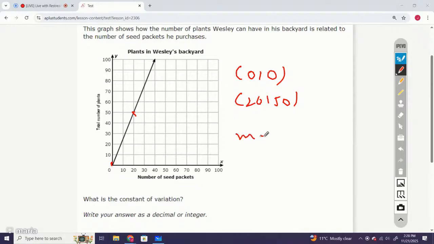So let's just calculate the slope, that is change in y, 50 minus 0 is 50, and change in x, that is 20. So we have 5 divided by 2 and that equals 2.5. The correct option is 2.5.